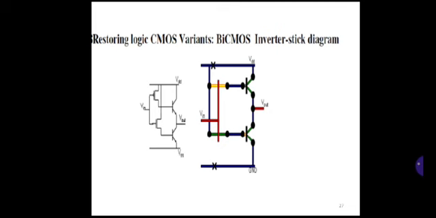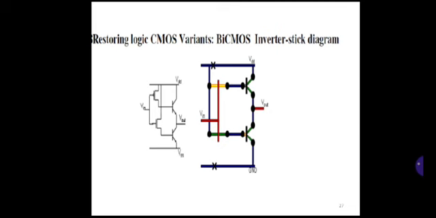So the given circuit diagram and its equivalent stick diagram is drawn. The symbol for the BJT transistor is as shown in the stick diagram. The BJT has 3 terminals: emitter, base and collector.